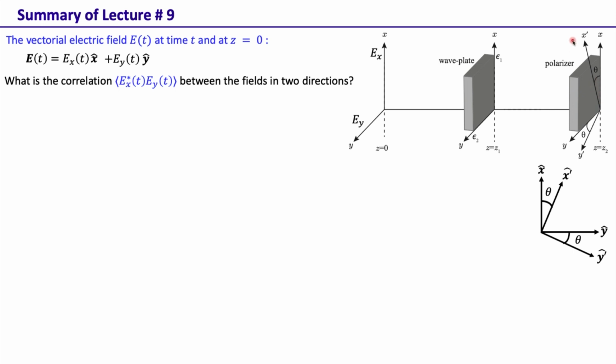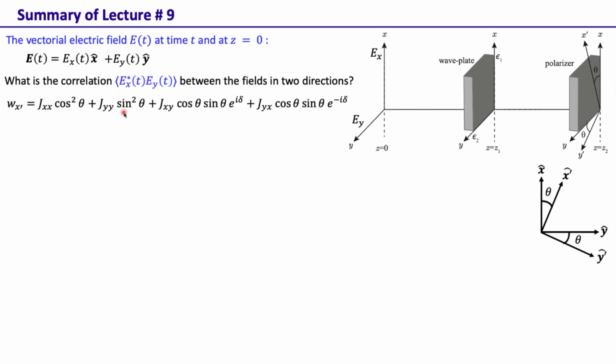The coordinate axes at theta are x prime, y prime, and x and y are the original polarization directions. When we look at the intensity in this x prime direction, we find that it has four terms. The first is the component of the x polarization that passes through the polarizer x prime.